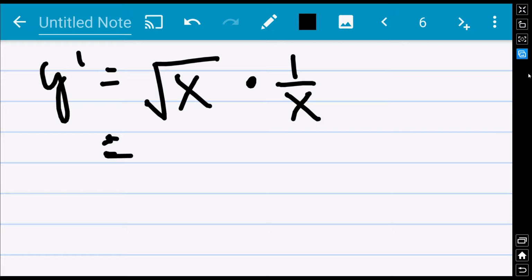Well, we know that root x, what is root x, first of all? Root x is x to the 1 over 2.